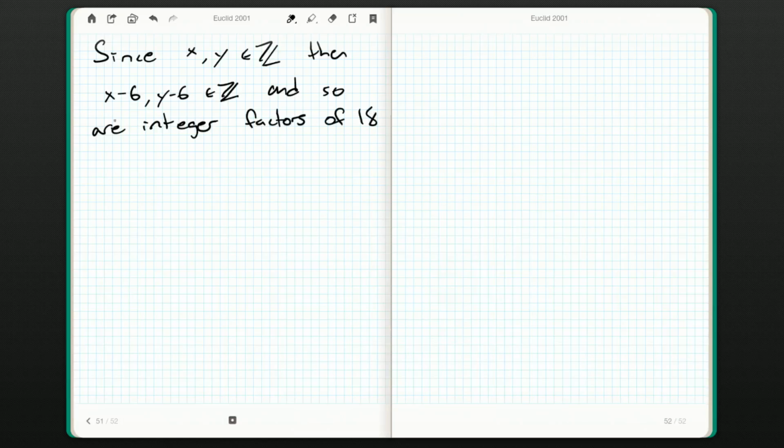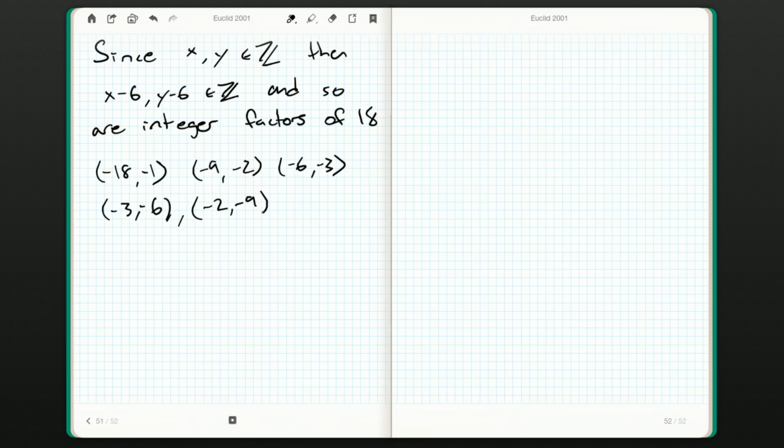Since it's got to be integers, we can have pairs here: minus 18, minus 1; minus 9, minus 2; minus 6, minus 3; minus 3, minus 6; minus 2, minus 9; minus 1, minus 18, and then the positive ones.